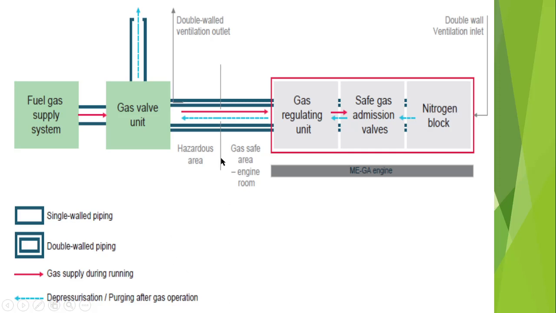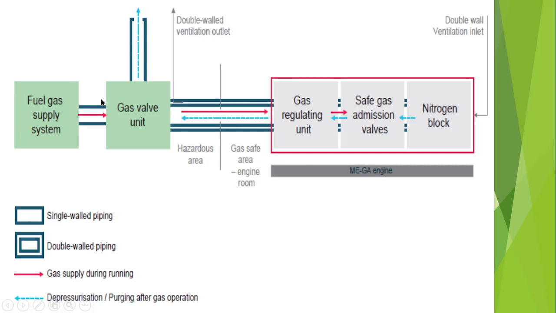As you can see, a separation line is provided, on one side of which it is written hazardous area and on the other side gas safe engine room area. From this it is very clear that this part represents the engine room and this part represents the outside of the engine room.